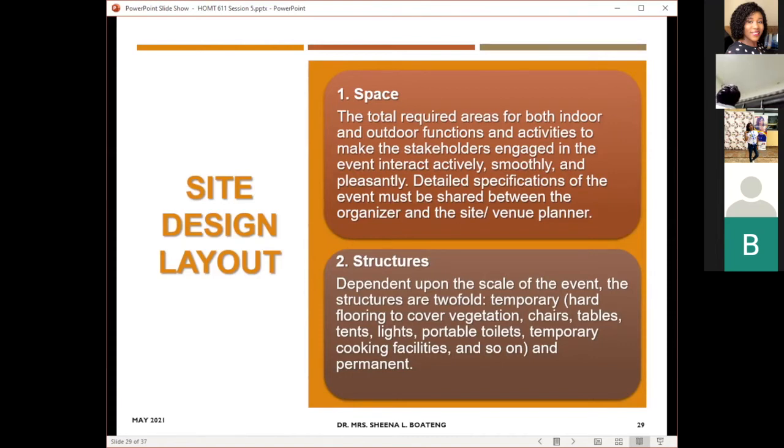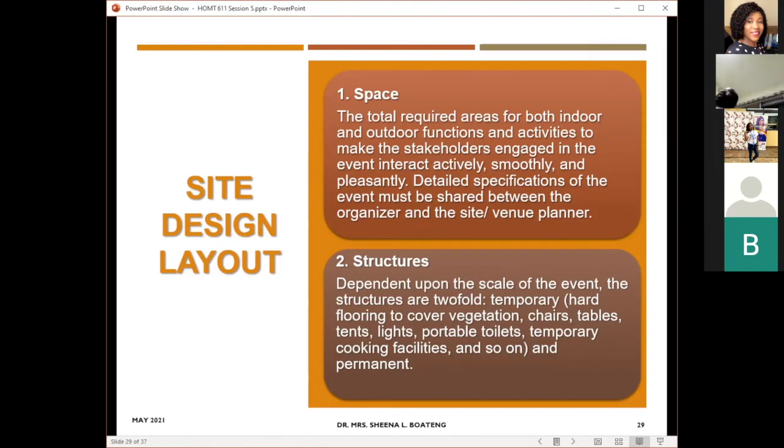Have you realized that? Yes. Good. With very few permanent structures, like perhaps washroom facilities, a kitchen, and then an indoor space for those who prefer to have their events indoors.